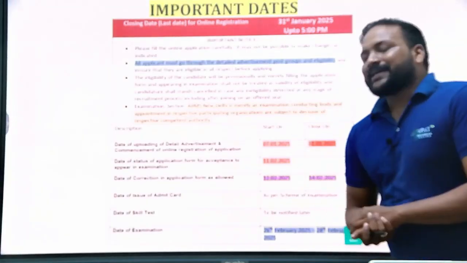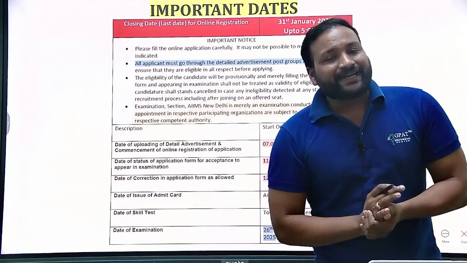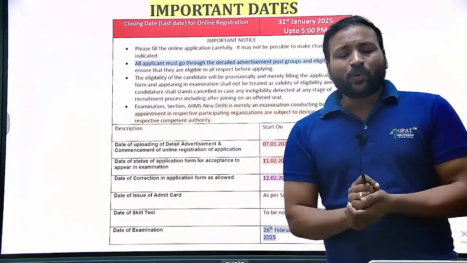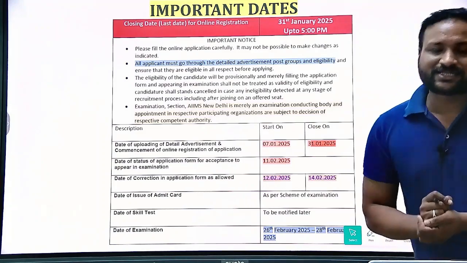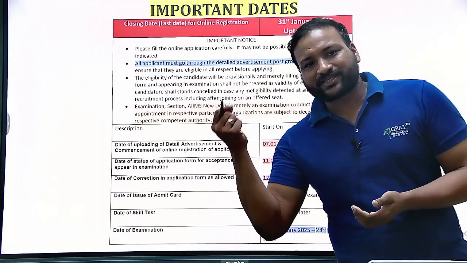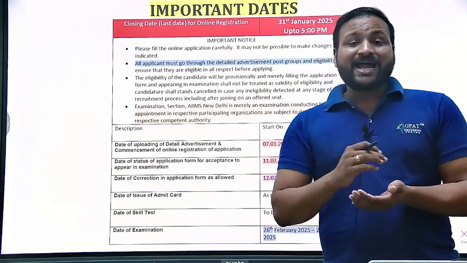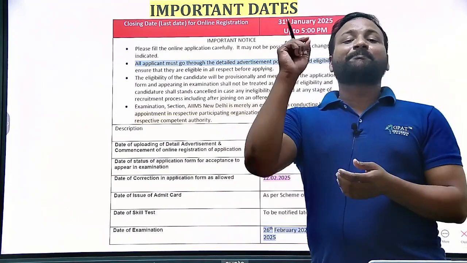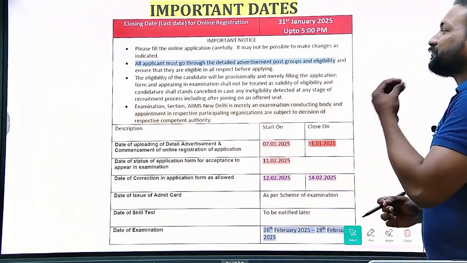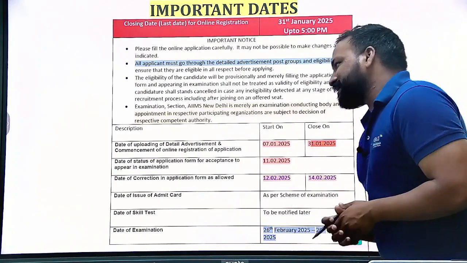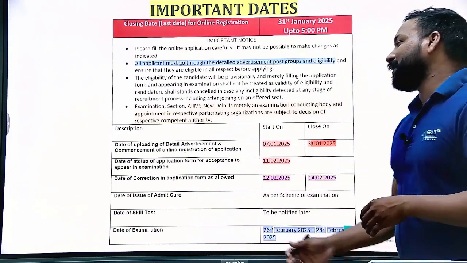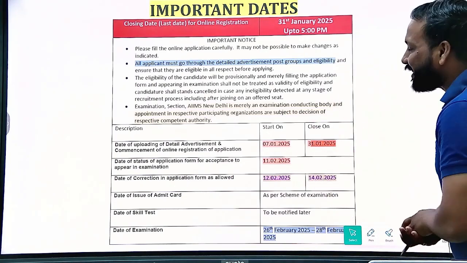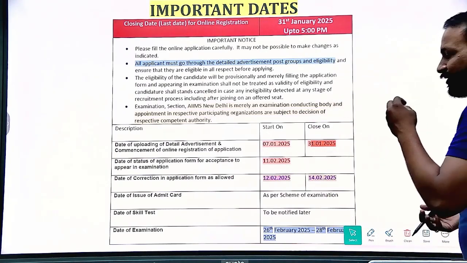So let us see the first thing. First and foremost, as we have made the video, the important dates. As a pharmacist, as an applicant, you should know the important dates: the registration starting date as well as the closing date, and also the other important dates for this examination.